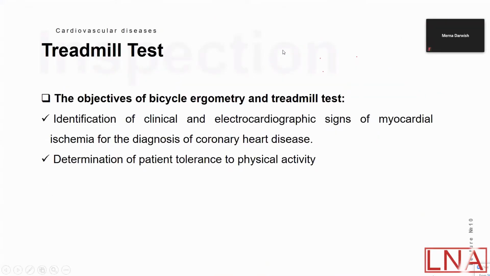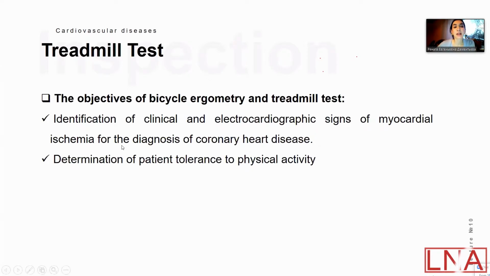Next type of test for the cardiovascular system is treadmill tests. Practically they're similar, but other objectives of bicycle ergometry and treadmill tests: identification of clinical and electrocardiographic signs of myocardial ischemia, so the diagnosis of coronary heart disease, the main indications for treadmill tests and for ergometry or bicycle ergometry.